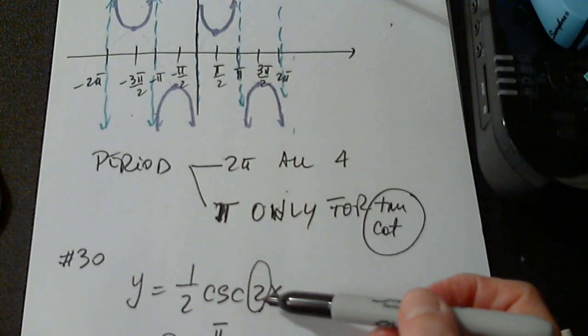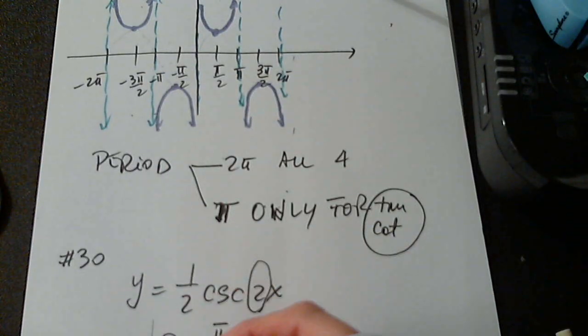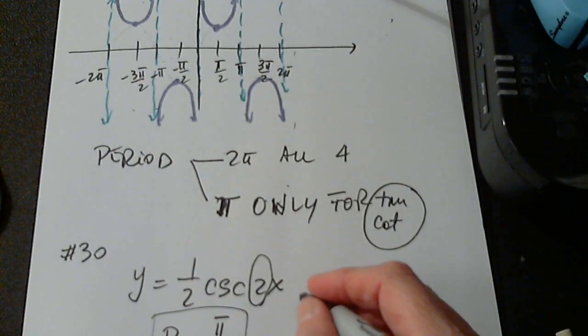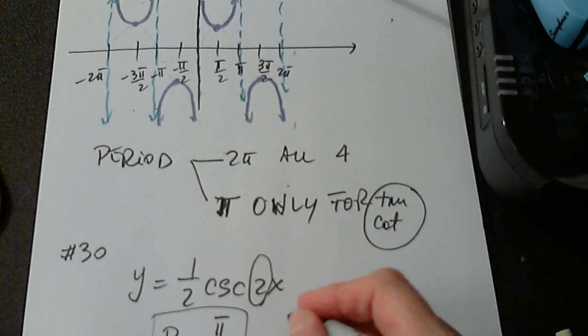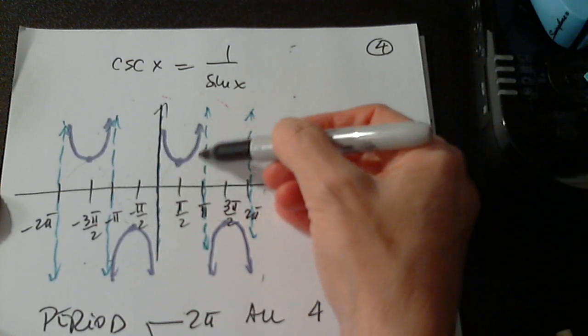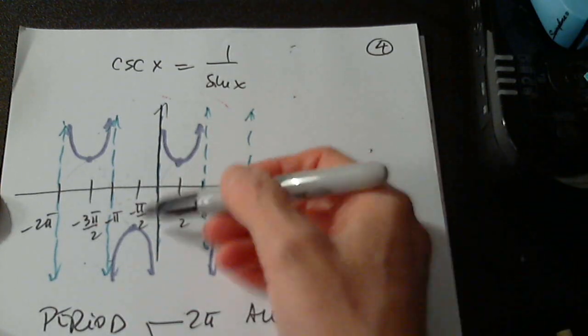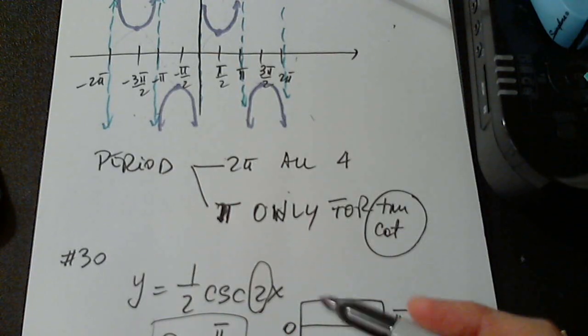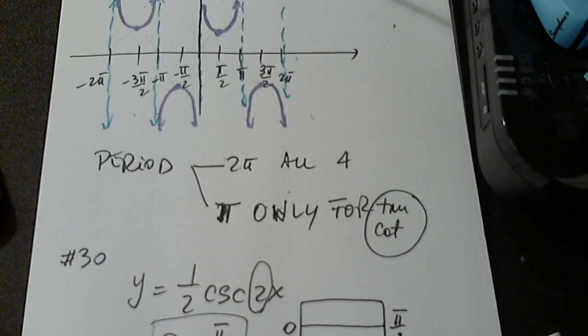But because of the 2, for this function, the period will be in the viewing window from 0 to pi over 2. So I will see this piece and the asymptotes, the entire graph between 0 and pi over 2.